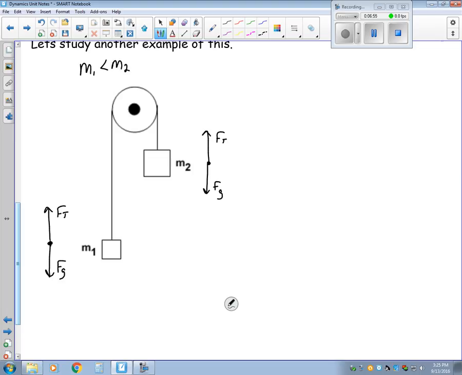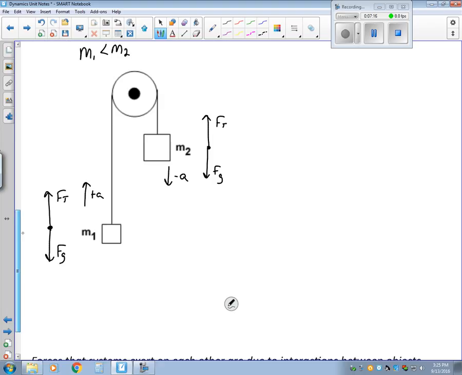In this one, let's assume M2 is more massive than M1, and then I think you would see that the system will accelerate. M1 is going to accelerate in a positive direction. M2 is going to accelerate in a negative direction, and that's very important.